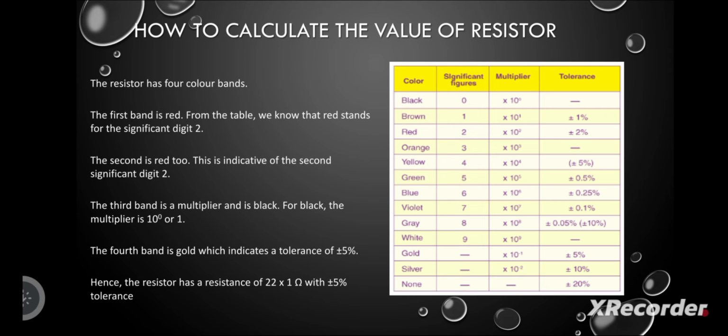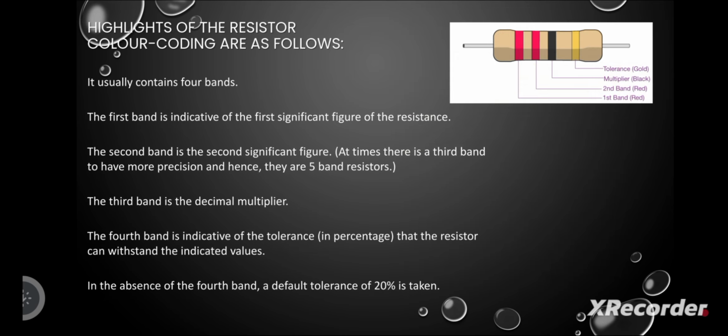If you see in this chart, the value of red is 2, so the digit is 2. The second band is also red, so the second significant digit is also 2. The third band is your multiplier, that is black. See the image here, it is black, the third band.